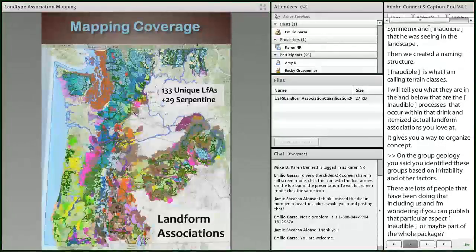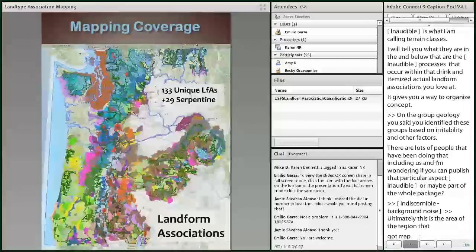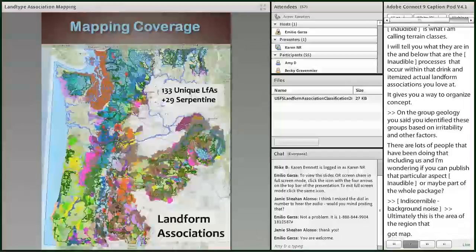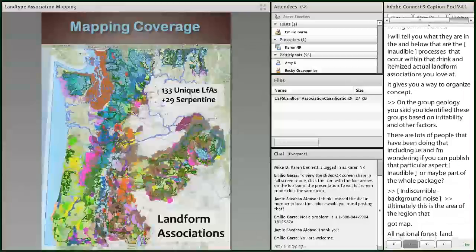So ultimately, this is the area of the region that got mapped. You can see all national forest land got mapped. That was the goal of the project. Sometimes we went outside, the royal we, meaning Dr. Noller, went outside and mapped other lands, particularly BLM lands.